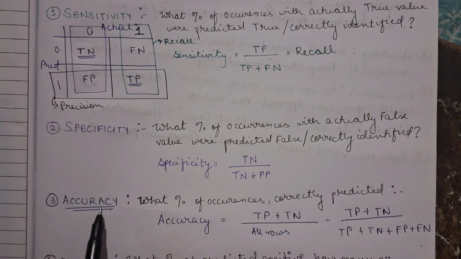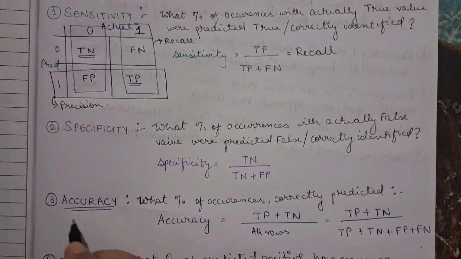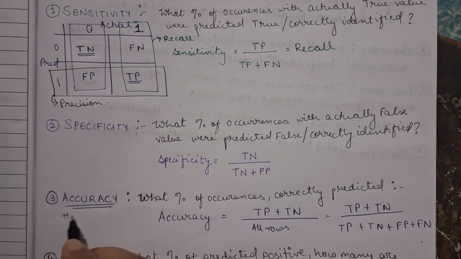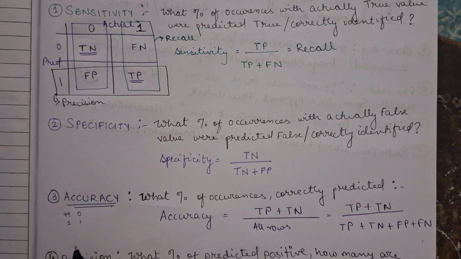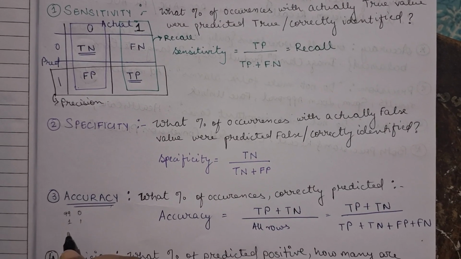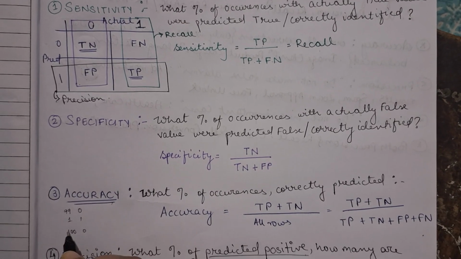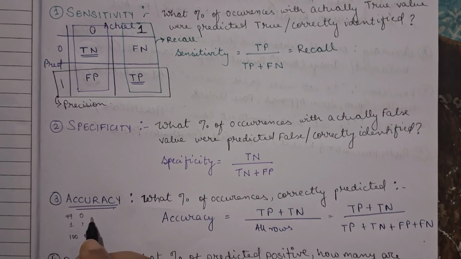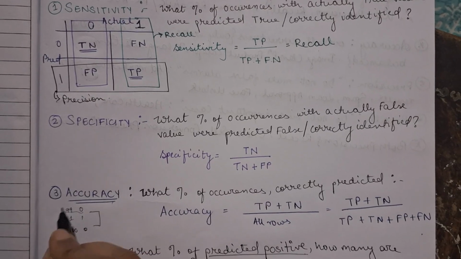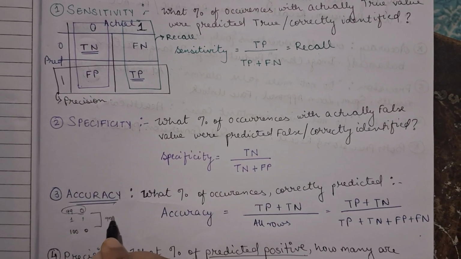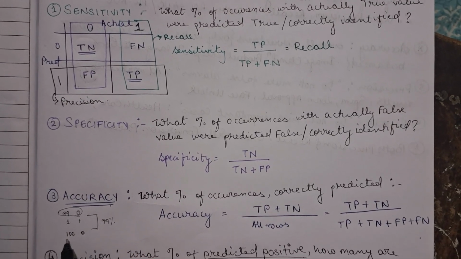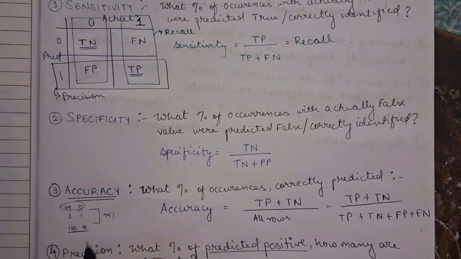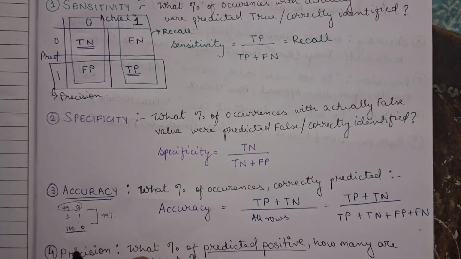Now accuracy can be misleading because suppose there are 99 negative cases and 1 positive case, and my model always says negative, so it says 0 100 times. In this case the accuracy will come out to be 99%, but we know that the model is only saying one value, it is not saying both of the values.